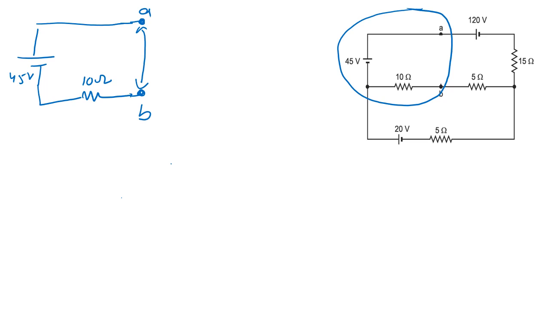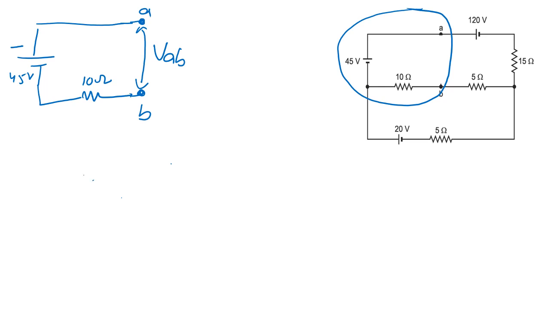So if I say the voltage across A and B, let us suppose this voltage is VAB. Now if I take this 45 volt, here there is only one voltage source, and I want to apply Kirchhoff's law in this portion of the loop.